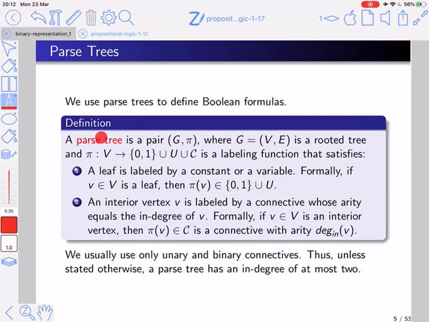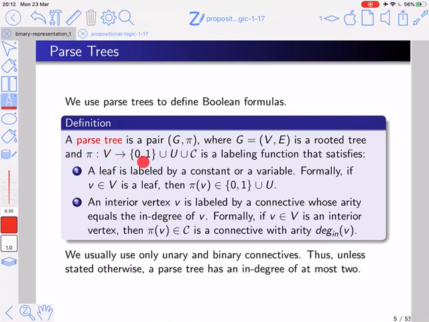Formally, a parse tree is a pair G comma pi, where G is a rooted tree consisting of vertices and directed edges. Pi is a function that assigns labels to the vertices of the parse tree.